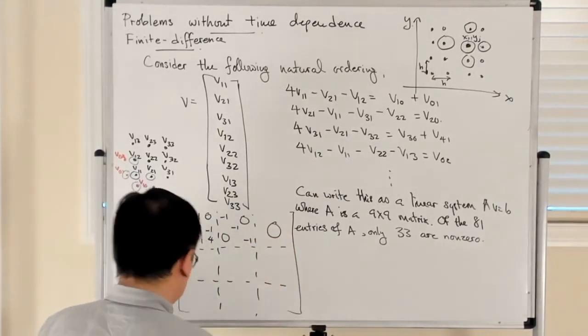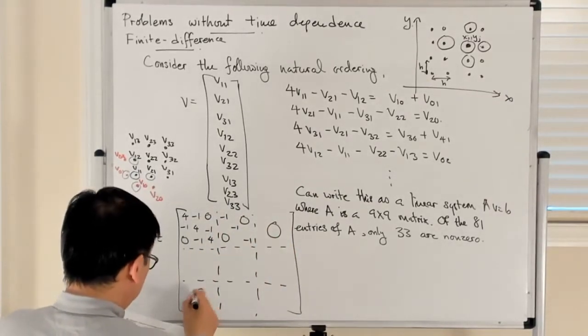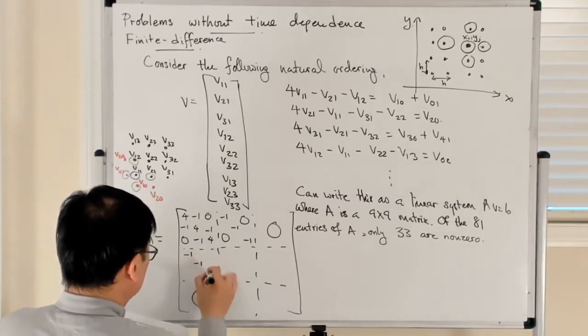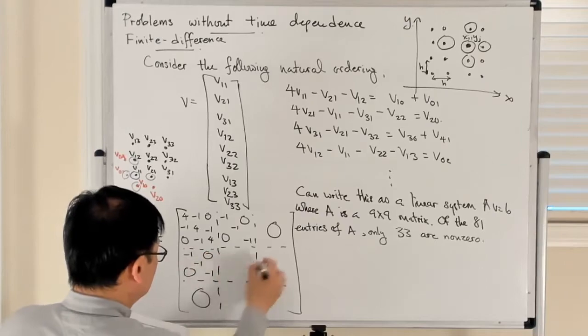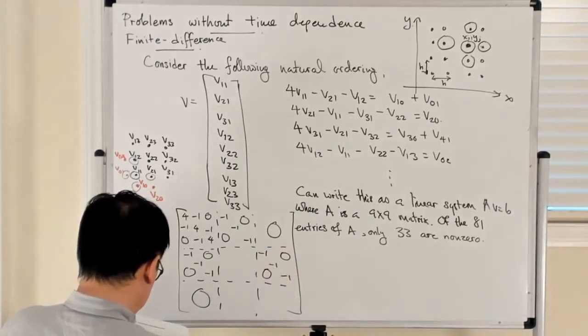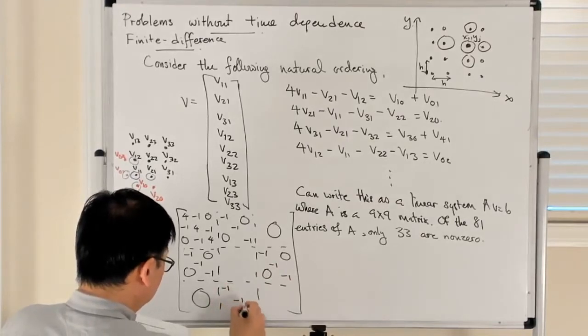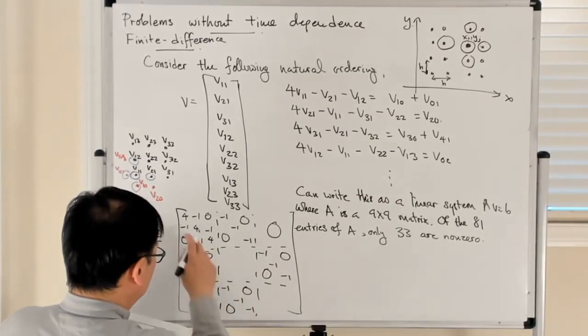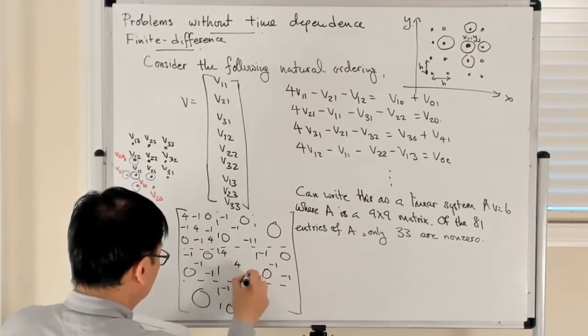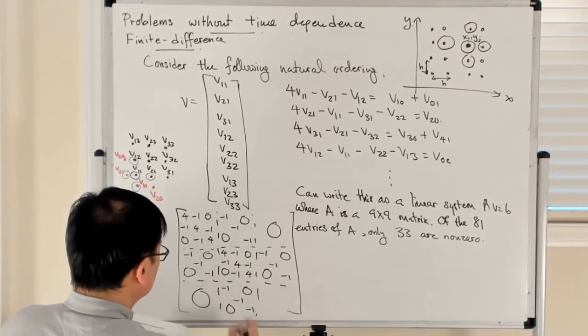This is the 0 3 by 3 block. There's a 0 3 by 3 block here as well. That's minus 1, minus 1, minus 1, and so on. And then this is repeated, so there's a 4, 4, 4, minus 1, minus 1, minus 1, minus 1, 0, 0.